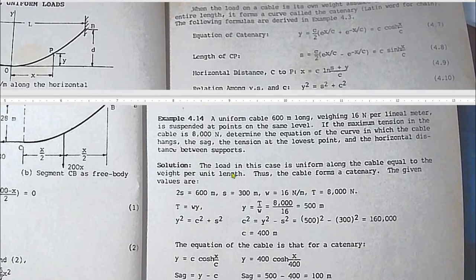Solution. The load in this case is uniform along the cable, equal to the weight per unit length. Thus, the cable forms a catenary. Okay, the given values are 2S is equal to 600 meter. So, we will compare these numbers to these equations.